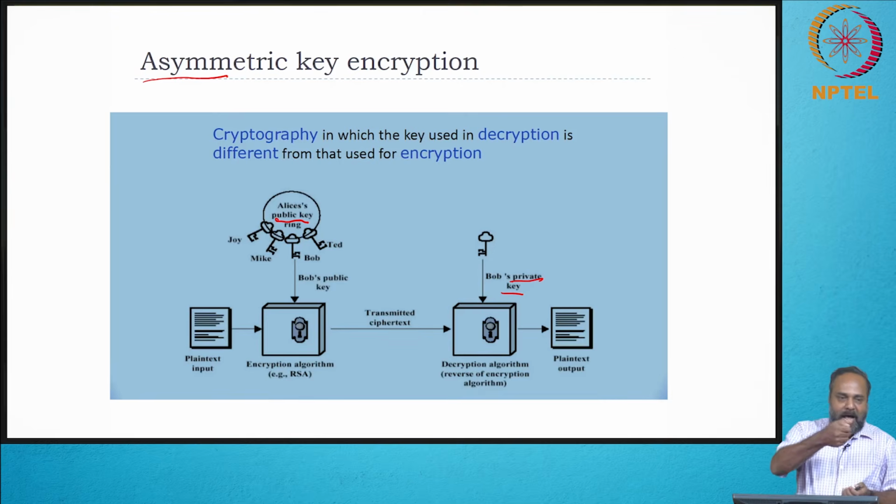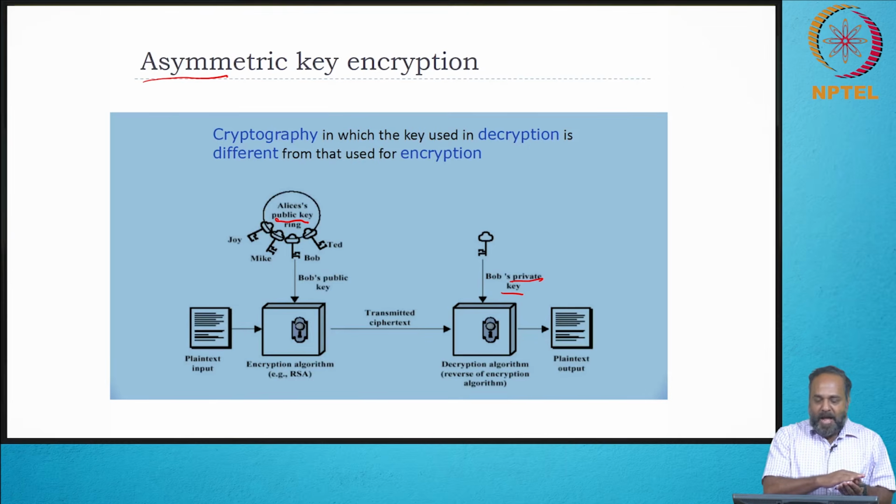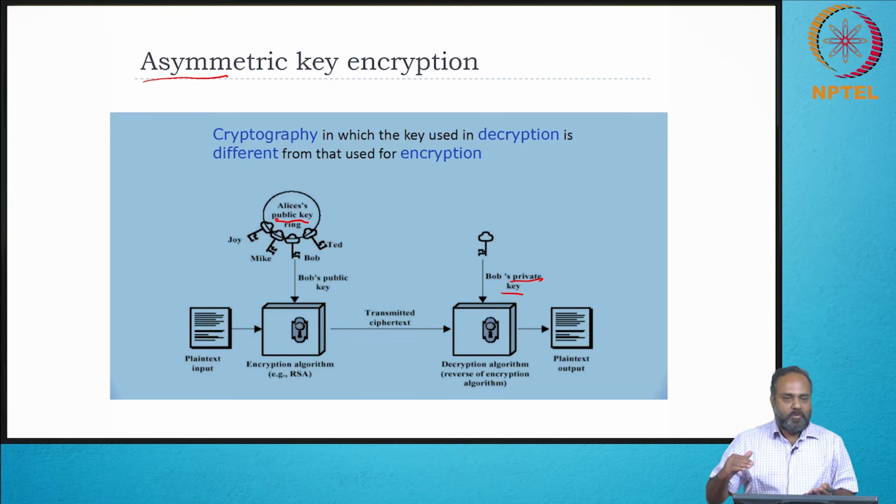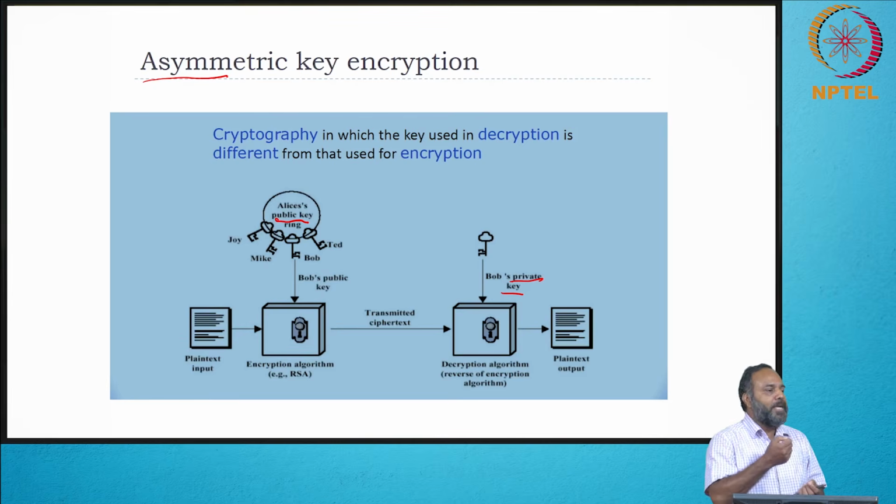When Bob uses Alice's public key to encrypt the message, the message is encrypted and it goes to Alice. Alice does not use the public key to open it. A public key cannot be used to open an encrypted message. You need another key, which again resides with Alice. Alice has two keys, one is the private key, the other is the public key. So, Alice can use her private key to open that message.